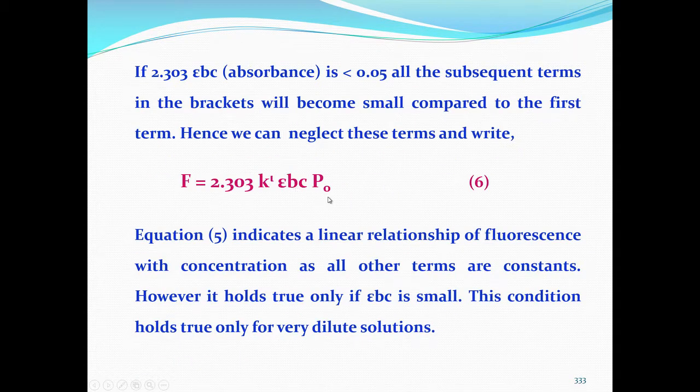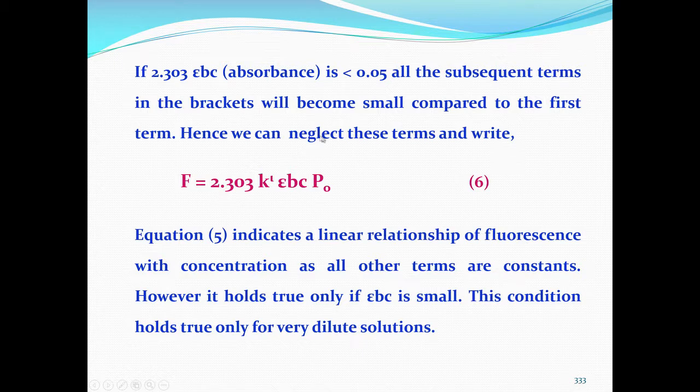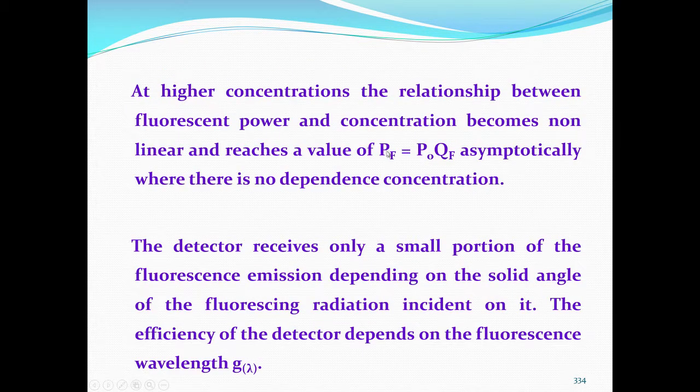For example, if you go here, if the concentration is very high, then fluorescence will become constant. So, we can neglect the terms, and Pf would be P naught into Qf asymptotically, where there is no dependence upon concentration.